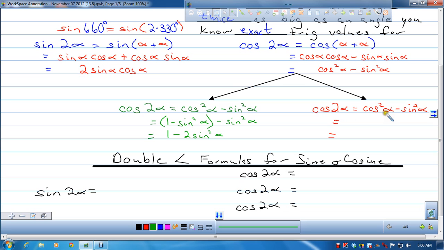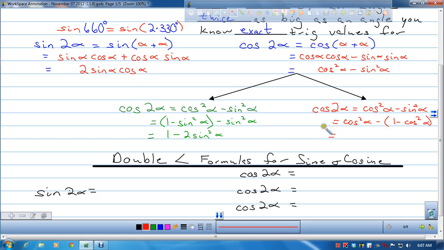The other one, if we wanted to turn things into cosine squared: cosine squared alpha minus, and then sine squared is 1 minus cosine squared alpha.